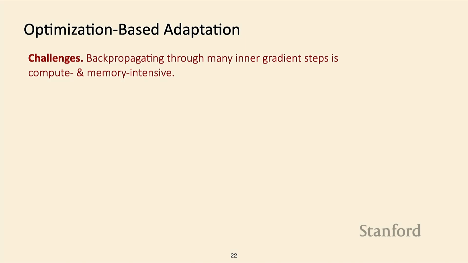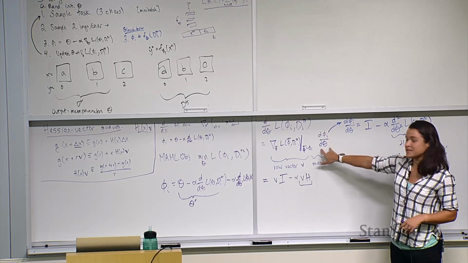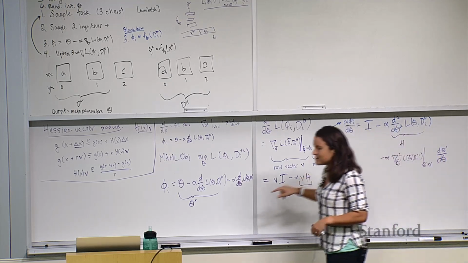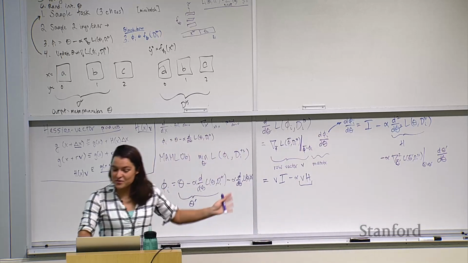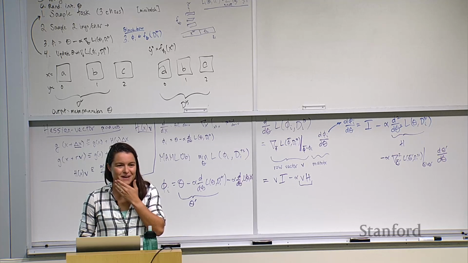The first trick is a bit of a hack, and it's actually something that I discovered because of a bug in TensorFlow. In particular, the first time that I implemented the MAML algorithm, it turned out that TensorFlow didn't properly implement this term, and it just silently set this to be the identity. And it turns out that actually if you set it to be the identity, it works some of the time.